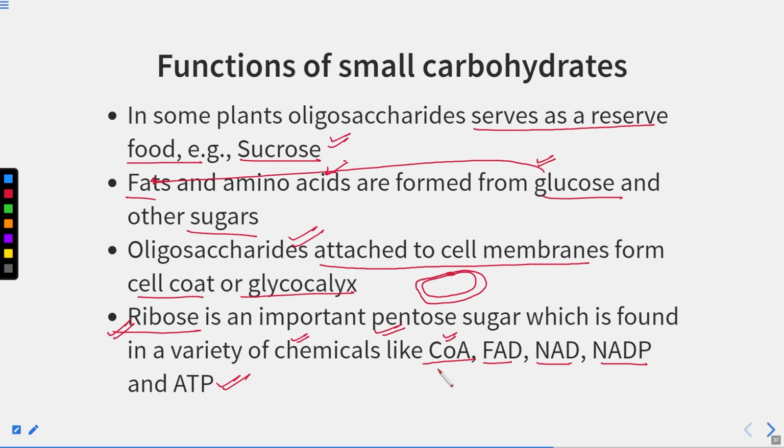FAD gets converted to FADH2 in the citric acid cycle. NAD and NADP are reduced coenzymes, and ATP is the currency of energy. All these important chemicals are found in most physiological pathways, and they are made up of ribose sugar.